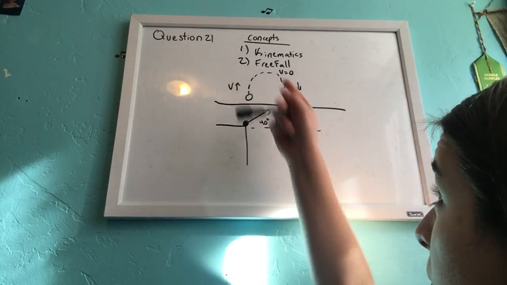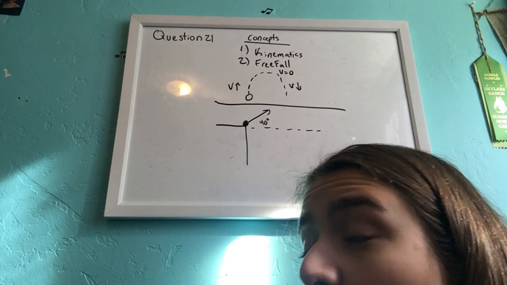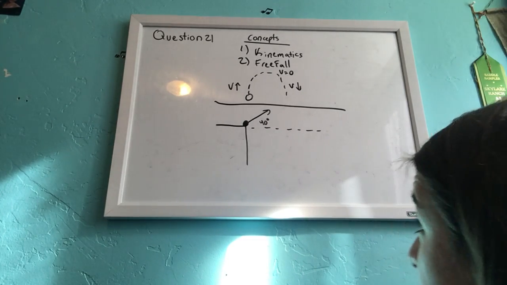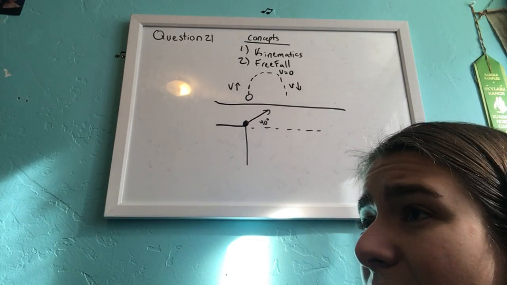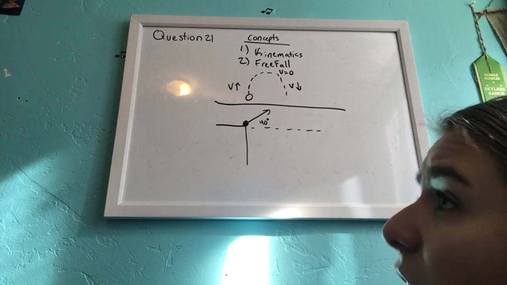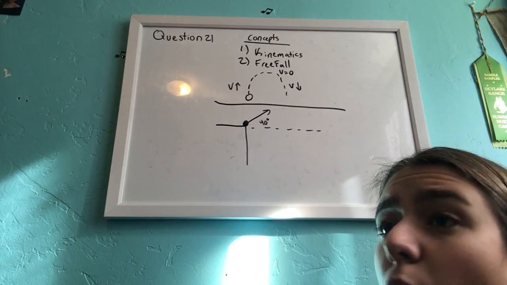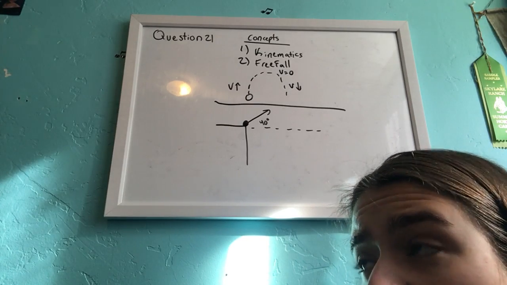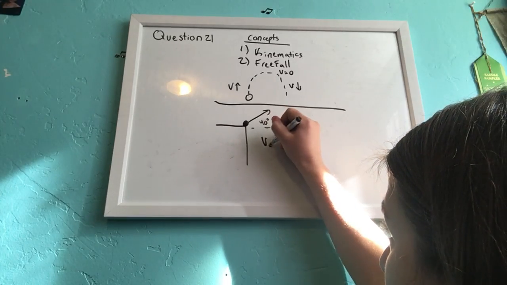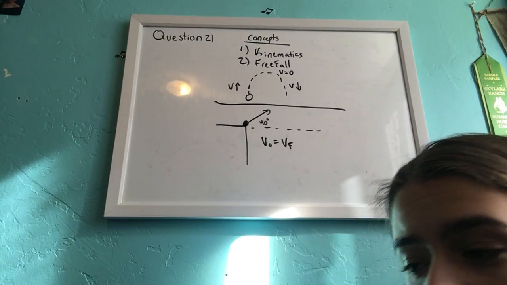Like I said before, when something is at the top of its path, there is no movement in the y direction. There is only movement in the x direction. So at the top, we're looking at the velocity just in the x direction. And since the horizontal motion stays the same throughout, the initial velocity will be equal to the final velocity.